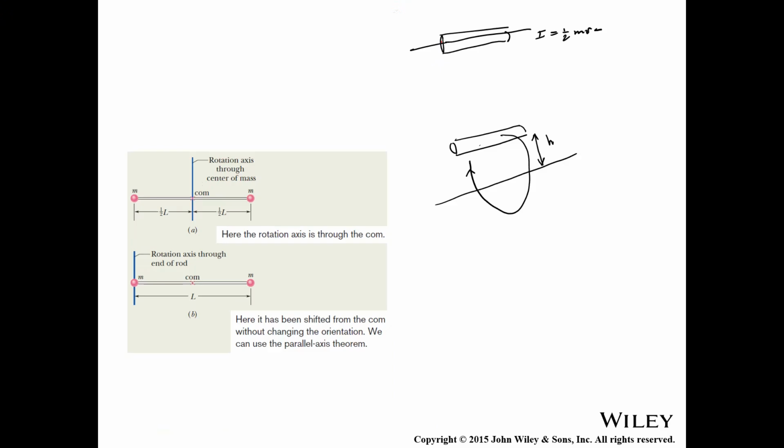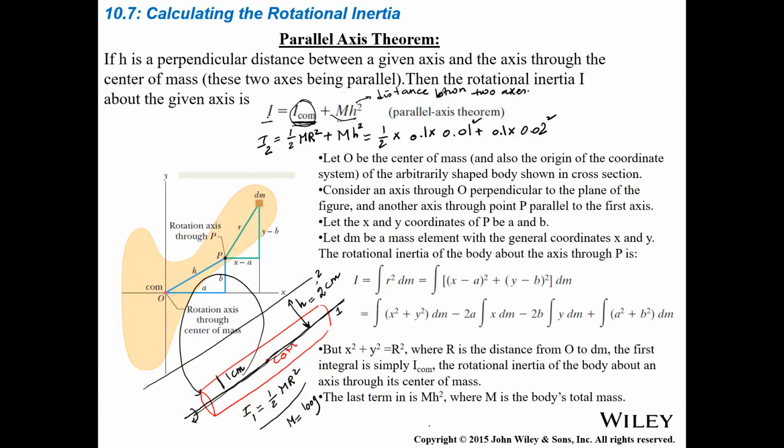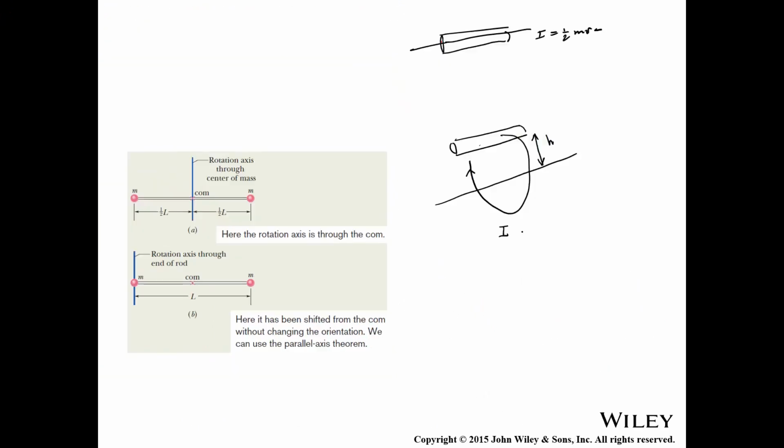So the parallel axis theorem tells me that the rotational inertia around this new axis is the rotational inertia around the center of mass axis, plus m times the distance between the two axes squared. So I'll write that down. I here is I for an axis parallel to this axis, but passing through the center of mass, plus m times the distance squared between these two axes.